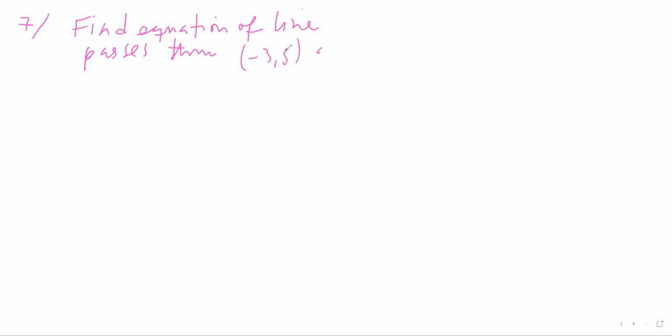So we find the equation of the line that passes through minus 3 and 5 and perpendicular to the line joining the points 2, 5 and minus 3, 6.